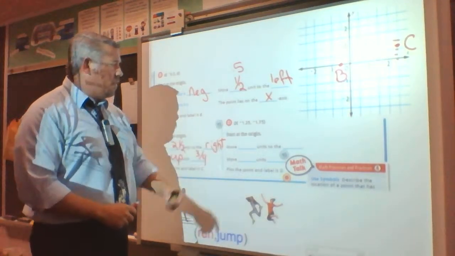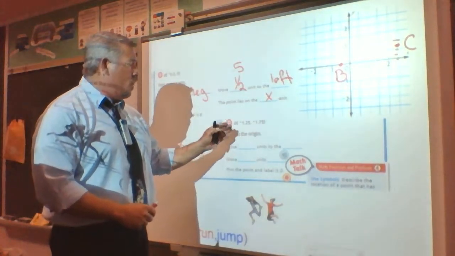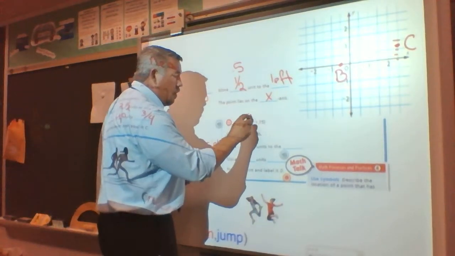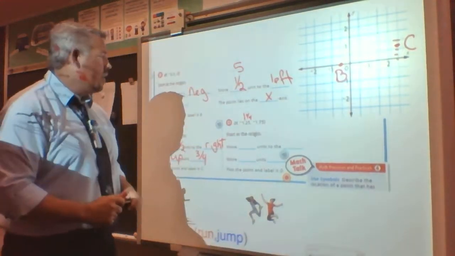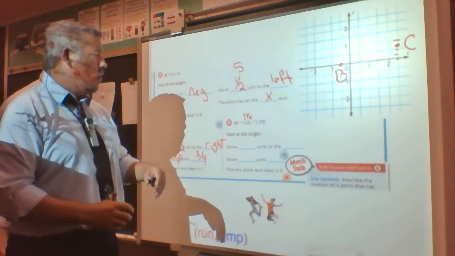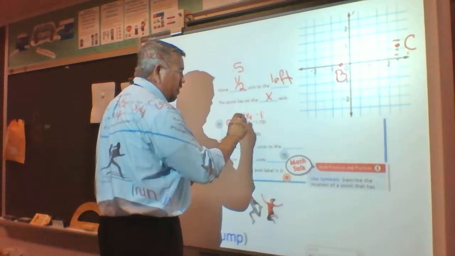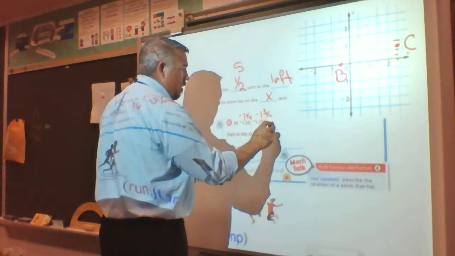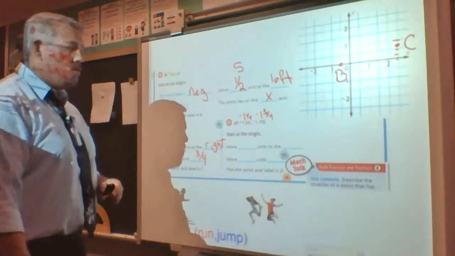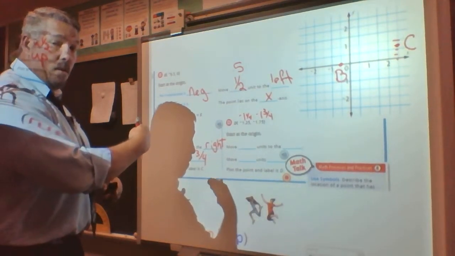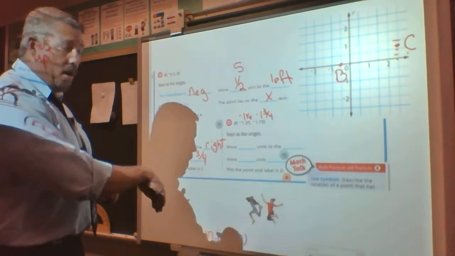The last one then on D tells me I'm going to go a negative 1.25, same as, once again, 1 1/4. And then I'm going to go a negative 1.75, which would be the same as a negative 1 3/4. So I know I'm going to run backwards, and then I'm going to jump down.